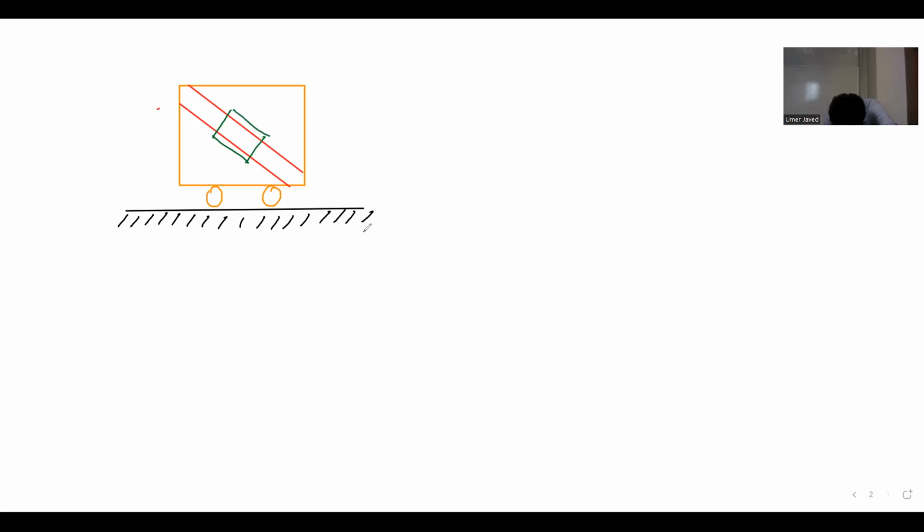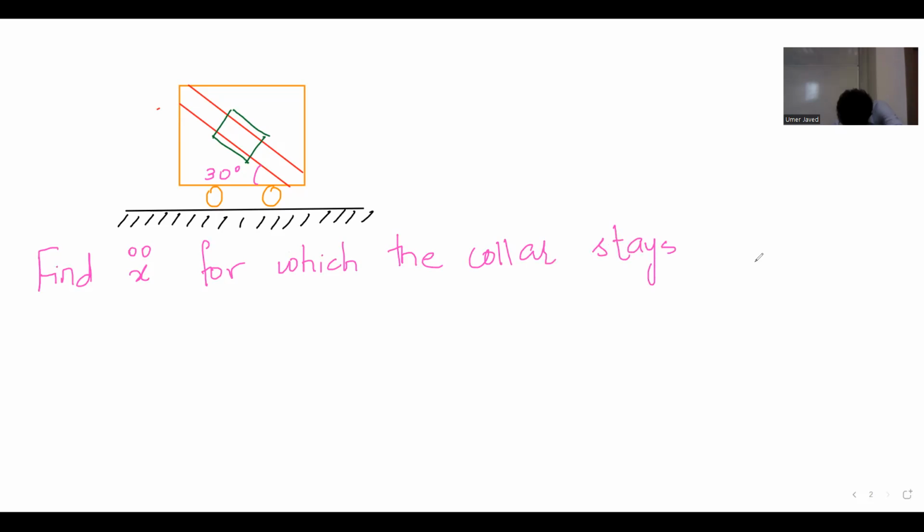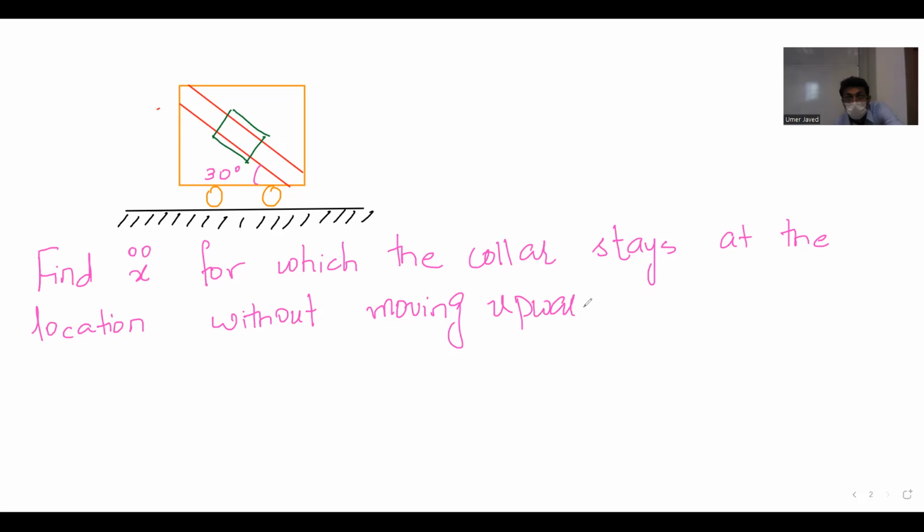This angle is 30 degree. The question says that find x double dot for which the collar stays at the location without moving upward or downward.